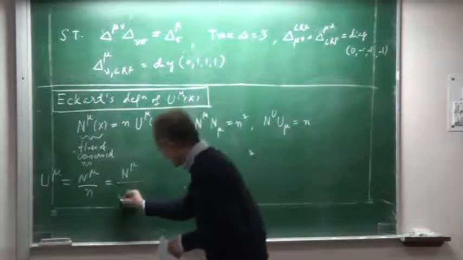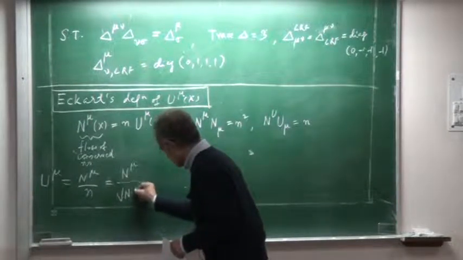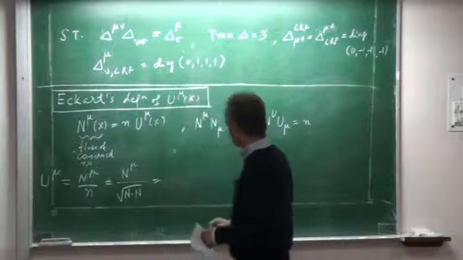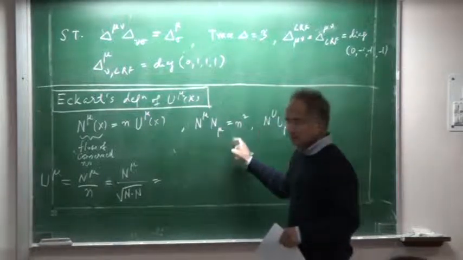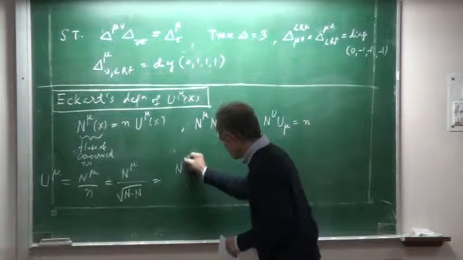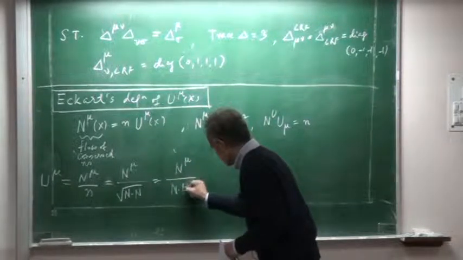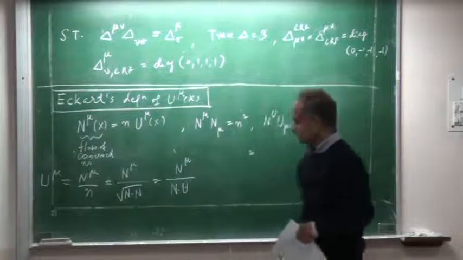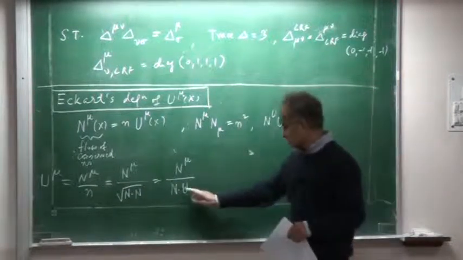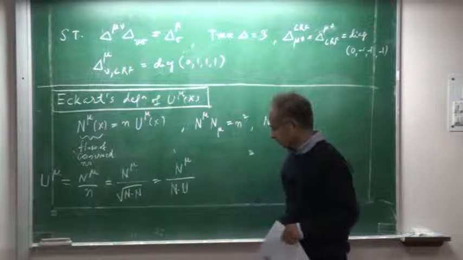I can write it as square root of n dot n, using this, or I can write it another way. Dot stands for the 4 vector scalar product.